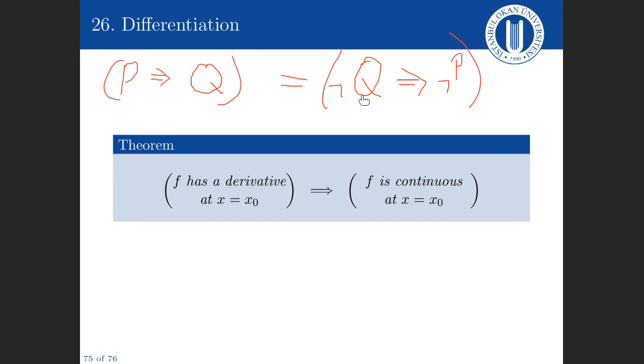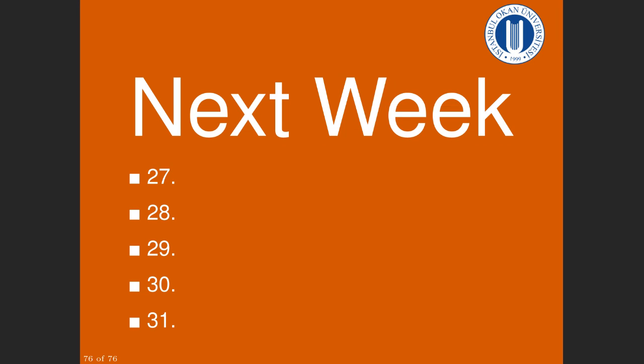We can turn this around using this idea from logic and say a function does have a derivative at a point implies that the function is continuous at this point. And that is the end of today's lesson.